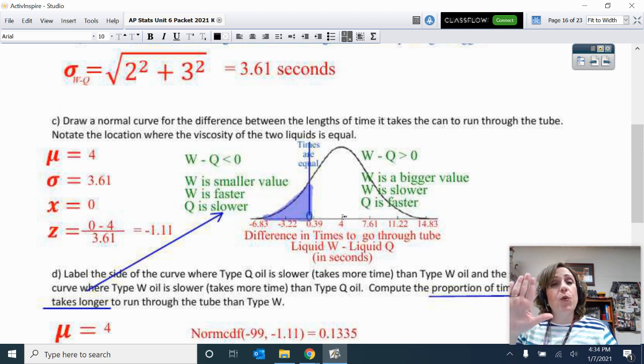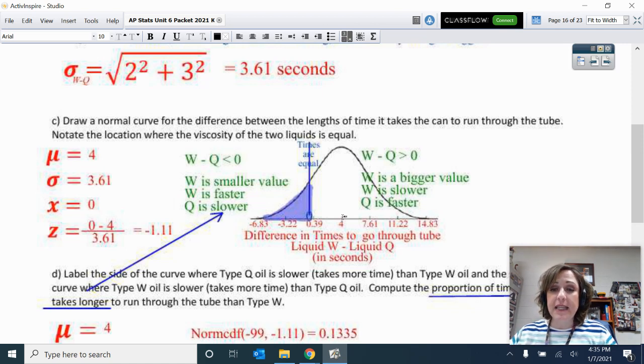Okay. So in the end, if you did yours as Q minus W, you actually have the mirror image of this. Your blue area is that top part instead of the lower part.